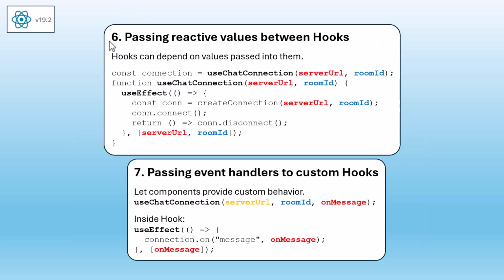6. Passing reactive values between hooks. Custom hooks run on every render of the component that calls them, just like component body logic. Therefore, they must be written with the same discipline you use in component code. They should be pure, in the sense that they don't contain unpredictable side effects beyond what the hook explicitly does, and they must handle props and state just as a component would.